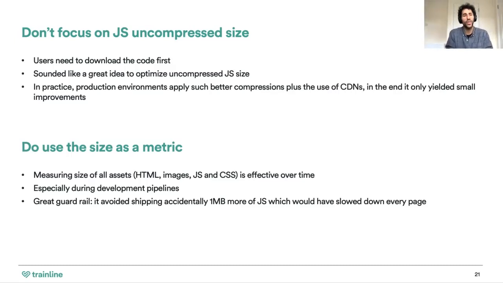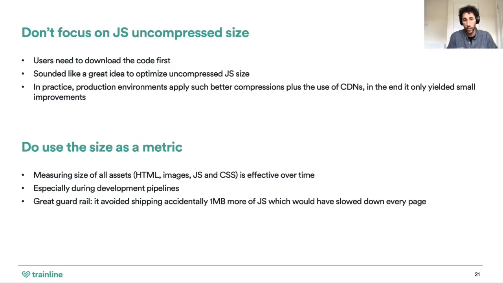What we did get out of this though, is that measuring the size does matter, and that worked great as a guardrail. Having in your pipeline some automatic guardrails that look at the size of your bundles to ensure that no one commits or merges a pull request that suddenly raises drastically the size of your JS is actually a good idea.